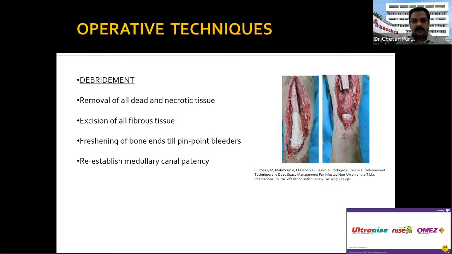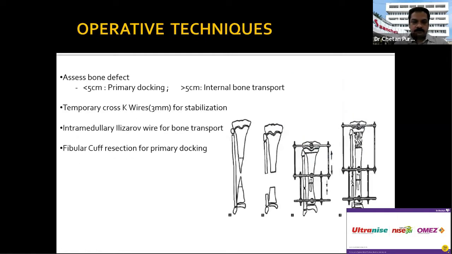In that case, the next step is to make drill holes and re-establish the patency of the medullary canal. One can do that with multiple drill holes followed by using an awl and then hand reamers. So that is an equally important step to aid the biology or even for the antibiotics to reach the site of the infected non-union.